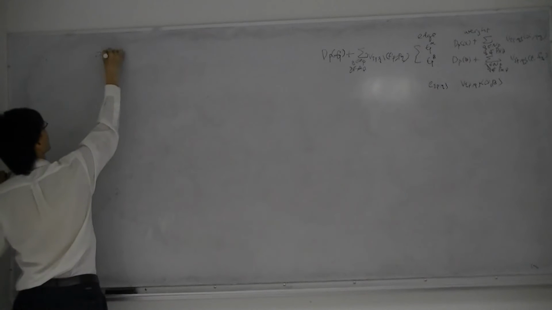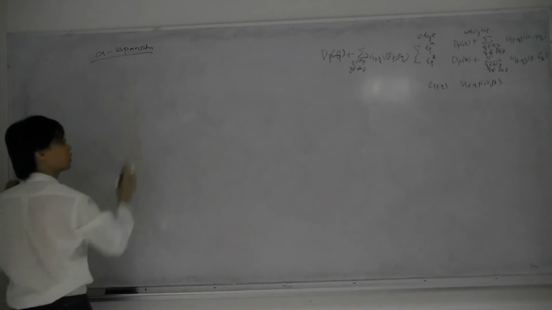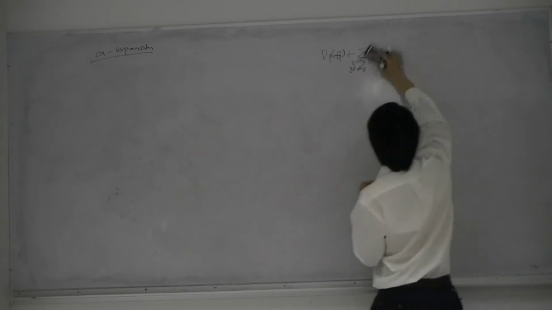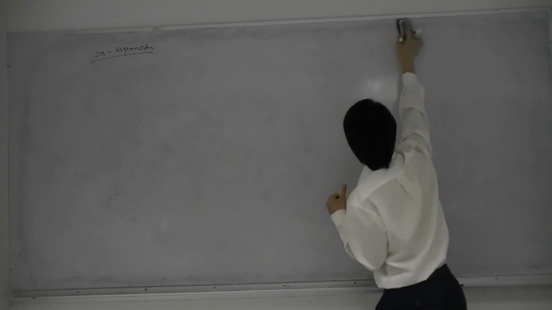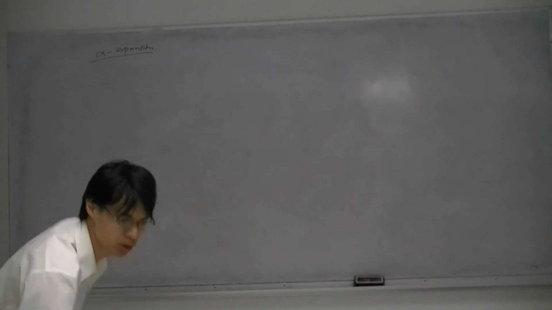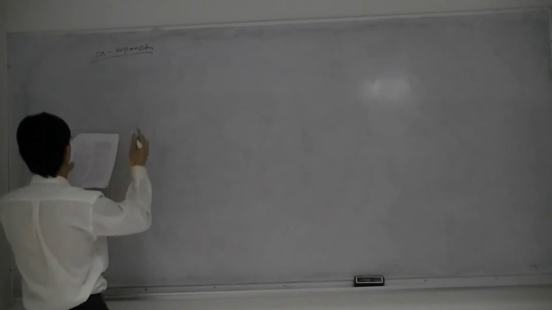So we have an alpha expansion. Again, the alpha expansion is trying to expand the territory of one of the labels. Let me just draw the graph first, and then it's probably easier to explain.